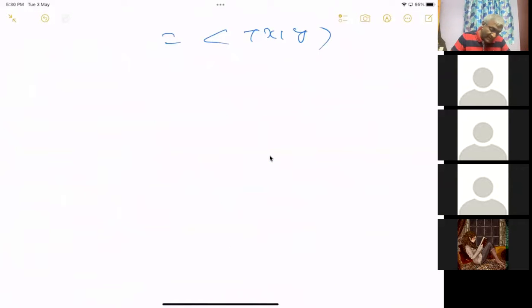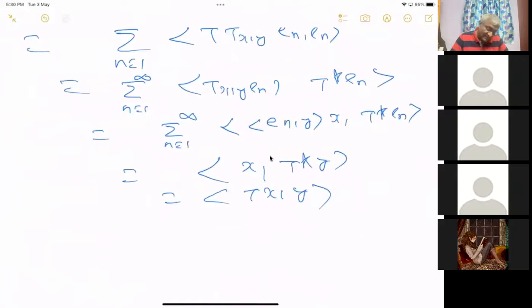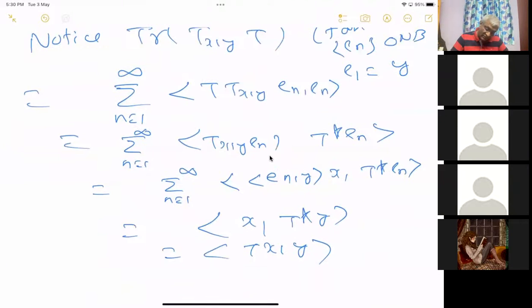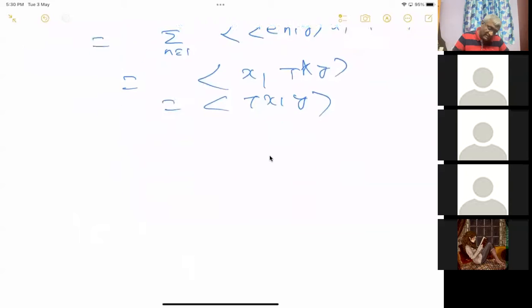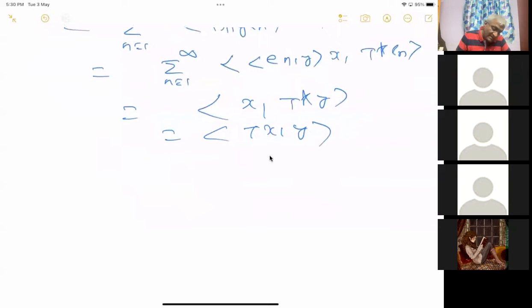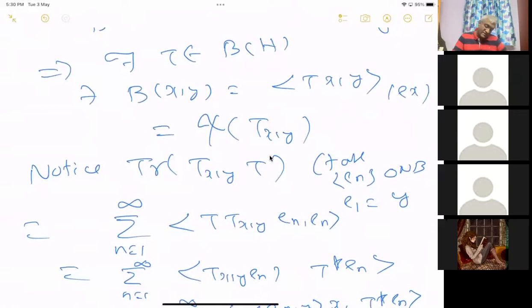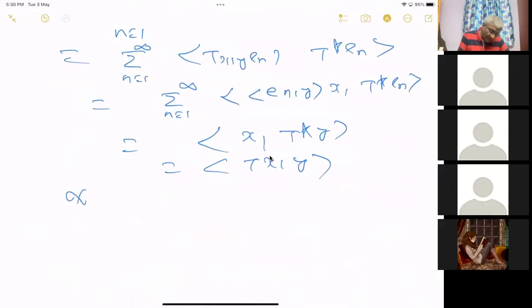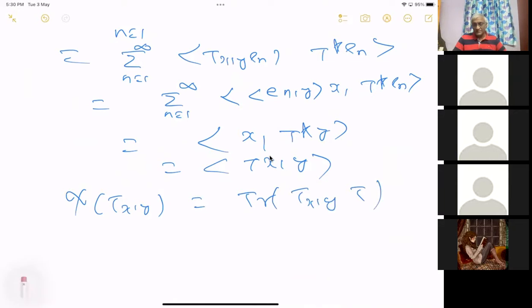This is a hangover from that confusion. I'm sorry. So what we have got is that trace of T_{x,y} T equal to this. Okay. So what does it imply? That is what we have defined it as. So this implies chi of T_{x,y}, which is what we have defined to be equal to trace of T_{x,y} T. So this is true for all rank 1 operators.